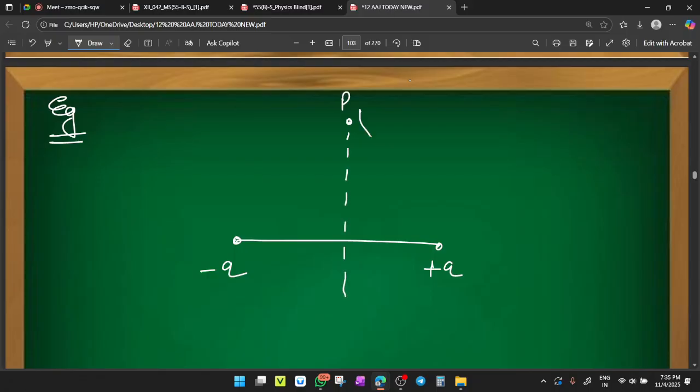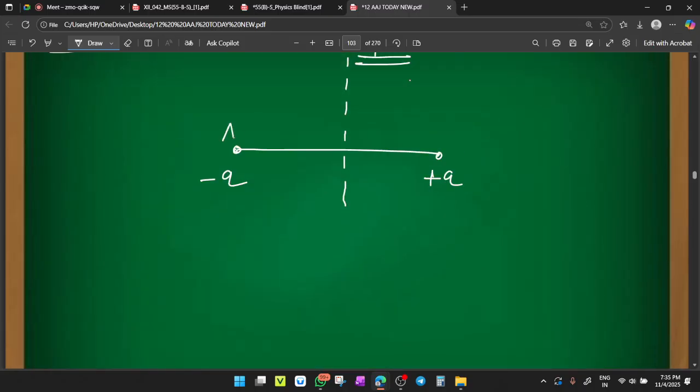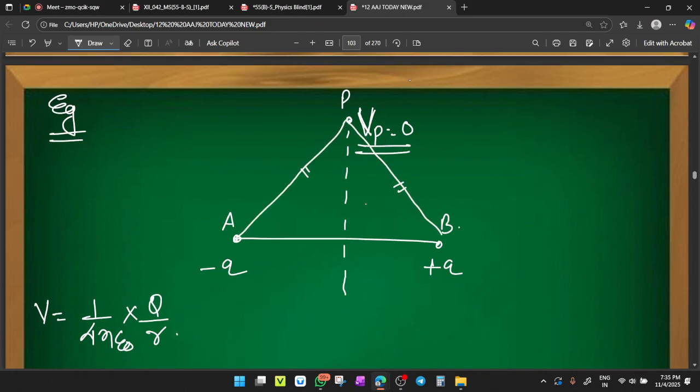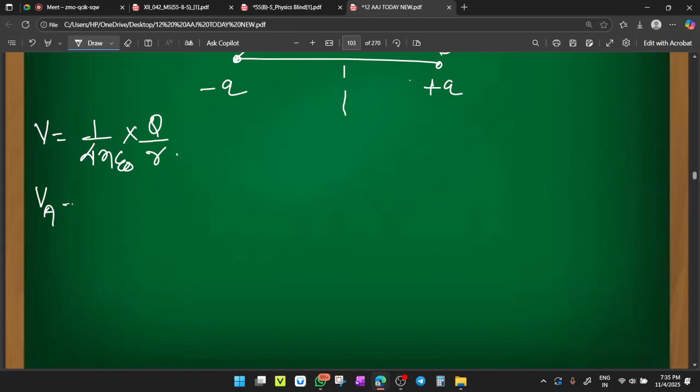At this point, what is the potential? Here potential equals 0. Why? Because if this point is A and this is B, then by the formula V equals 1 by 4 pi epsilon naught q upon r, applying it for both cases, VA due to the charge at A will become negative 1 upon 4 pi epsilon naught, charge minus q by r.